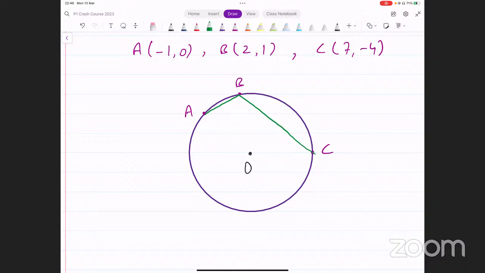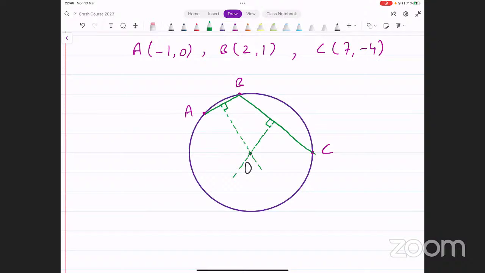Both of these chords, if we were to draw perpendicular bisectors of these chords, one would go like this, and the other would go like this. They are both going to pass through the center of the circle.